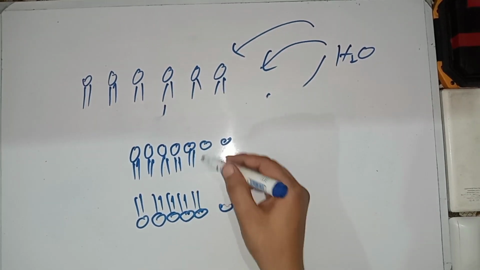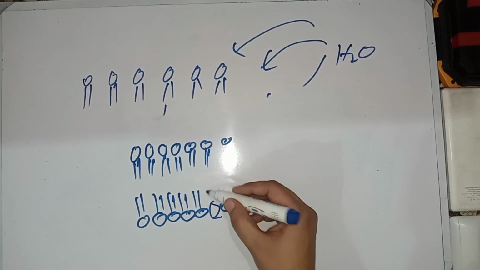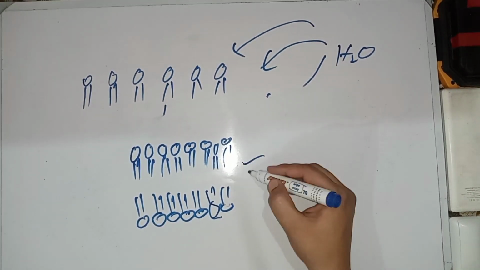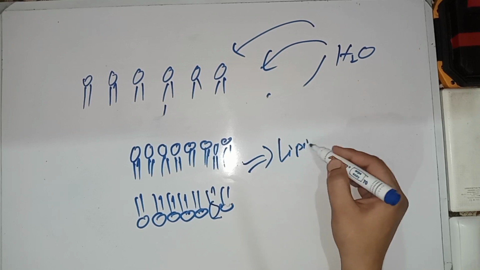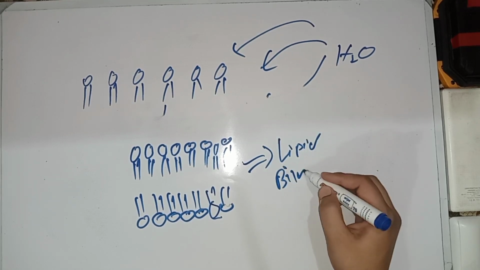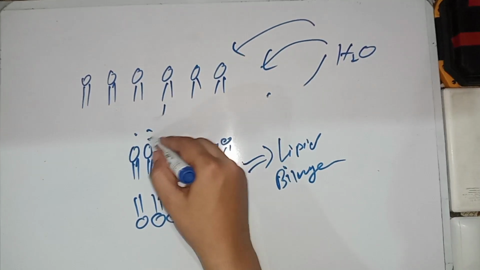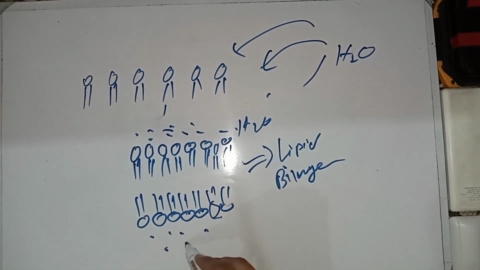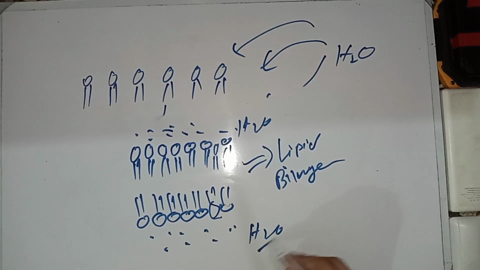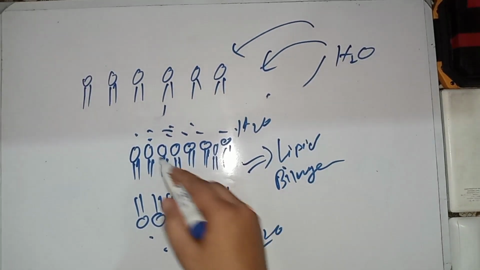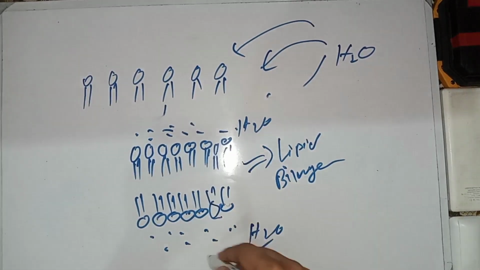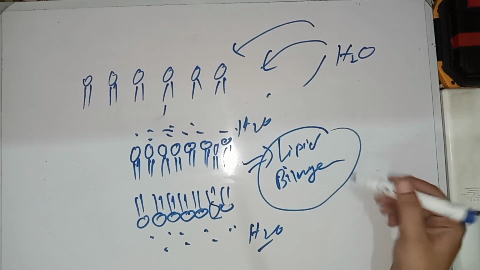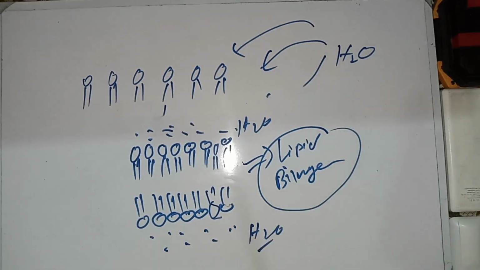Lipids can also form this, and this configuration is a lipid bilayer. Here is water, H2O, and here too is water, H2O. In this configuration, the polar region is interacting with water while the non-polar tails are shielded away from the water. So this is the lipid bilayer, which is also formed when lipids are exposed to water.